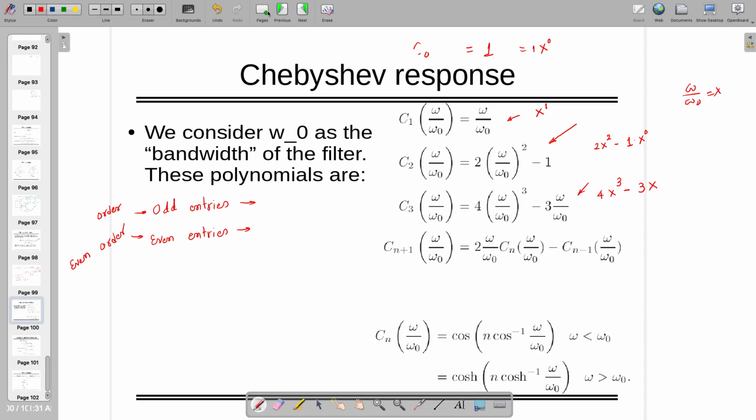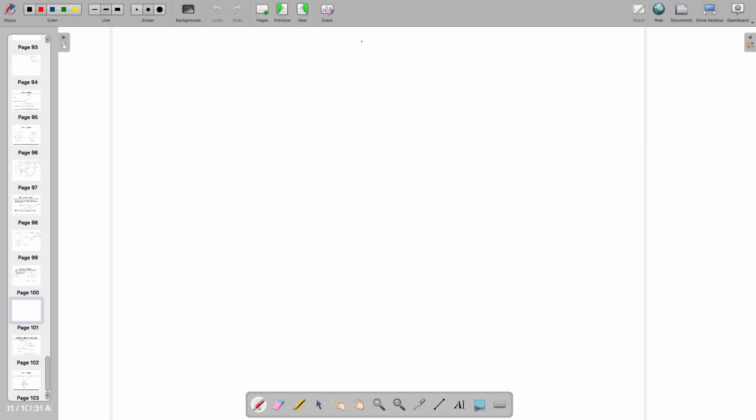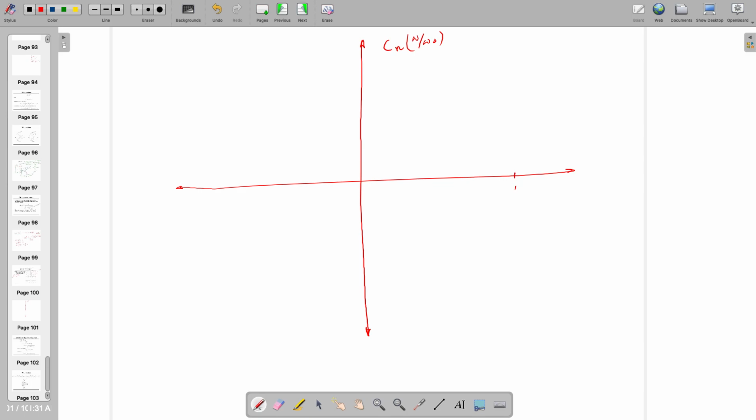Now we may be interested in drawing Cn of omega by omega 0 for different values of omega by omega naught.